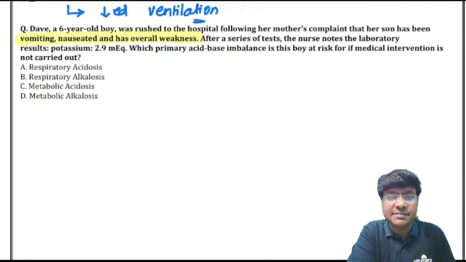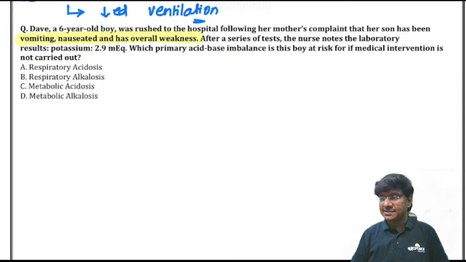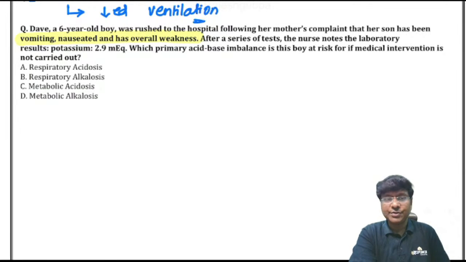Which primary acid-base imbalance is this boy at risk for if medical intervention is not carried out? The options are respiratory acidosis, respiratory alkalosis, metabolic acidosis, metabolic alkalosis.